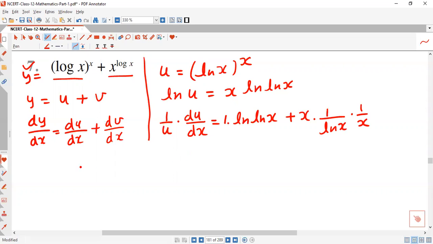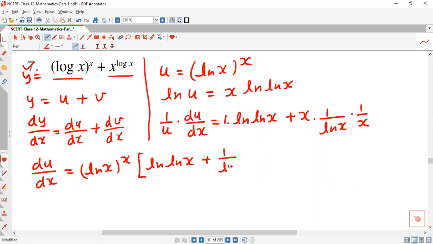So du by dx, I will just write down here, will come out. u is here, take the u right inside: log x raised to x multiplied by log of log x plus, you see this x cancels out, and we are getting only 1 upon log x. As I told you in the previous question also, we don't want the terms in the denominator.